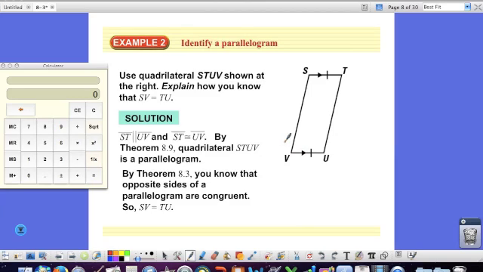And if it is a parallelogram, then we know that SV and TU are congruent because if a quadrilateral is a parallelogram, then its opposite sides are congruent. That happens to be theorem 8.3. I don't care if you know 8.3, 8.2, 8.4, 8 whatever. I want you to know if a quadrilateral is a parallelogram, then the opposite sides are congruent.